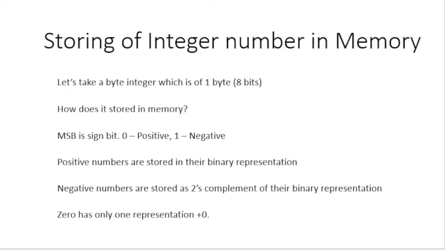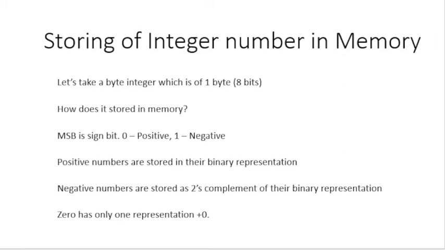So out of these 8 bits, the most significant bit is reserved for sign. It maintains the sign, whether it's positive or negative. If it is 0, it's positive. If it is 1, it's negative.